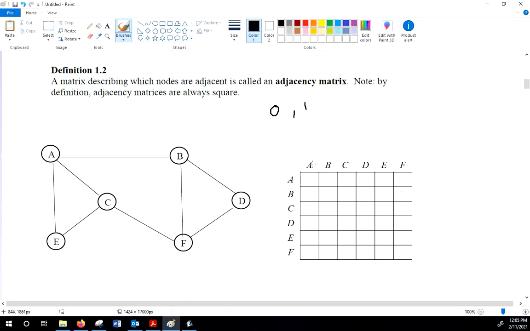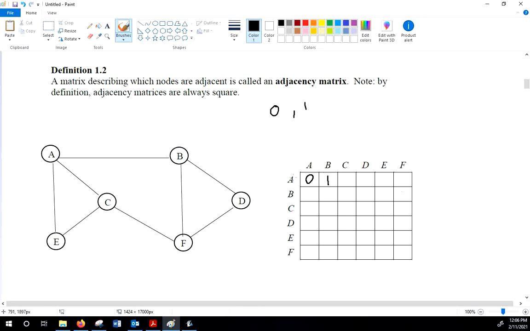So A, do we say that A is connected to itself? Well, we're actually going to say no on that one, okay? Because there's not a loop like that. If there were, then I would say A is connected to itself. But A is connected to B.